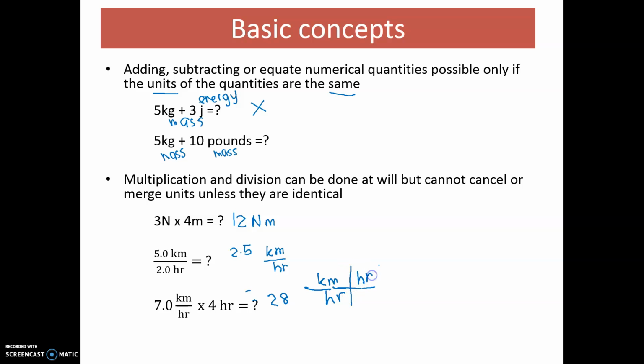So we can cancel this hour, and the final answer will be 28 kilometer. So that's why I mentioned before that we use units to check whether we have done the calculation properly or not, because when we do this, we cancel out all the units involved. We know at the end we're going to get the right answer.